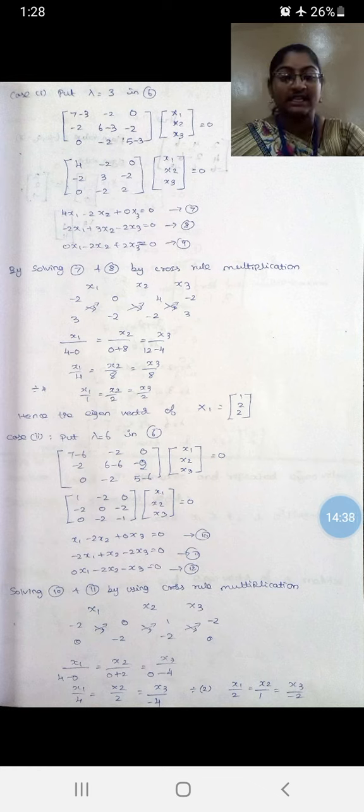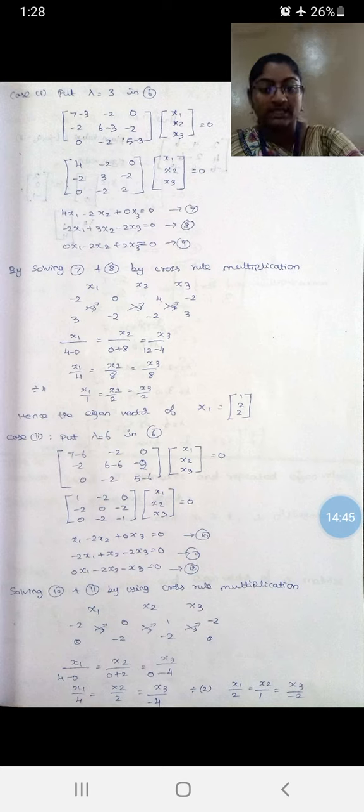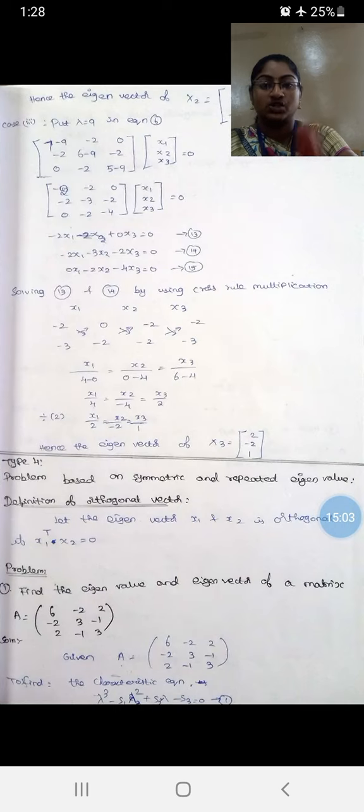Solving the 10th and 9th equations using the cross multiplication rule, I get the values of x1, x2, x3 as 4, 2, minus 4. All three are divided by 2, so I get x1 by 2, x2 by 1 and x3 by minus 2. Hence the eigenvector X2 is 2, 1, minus 2.